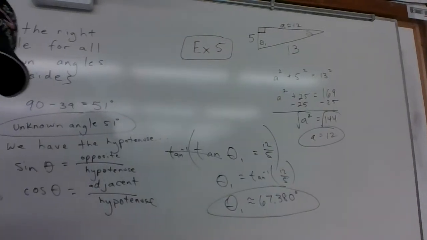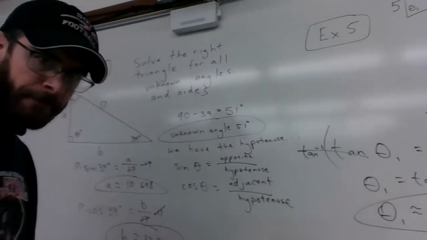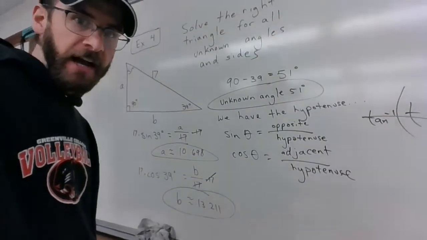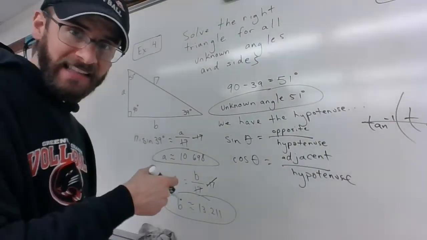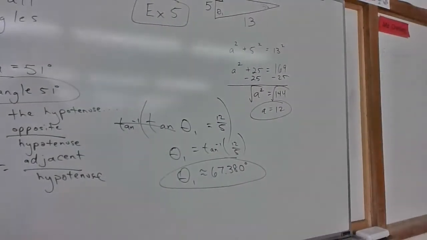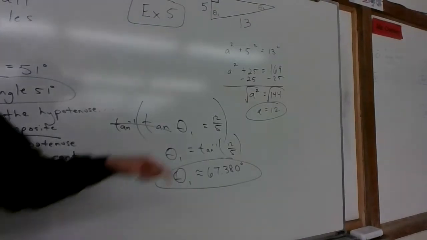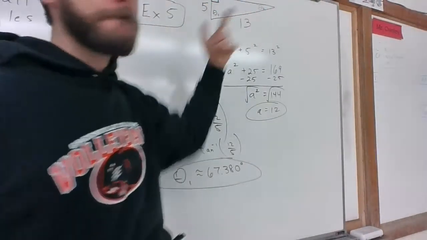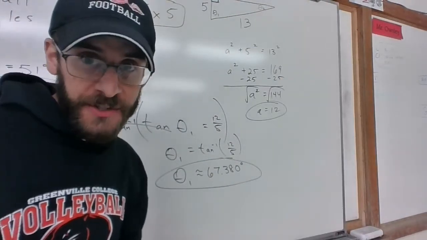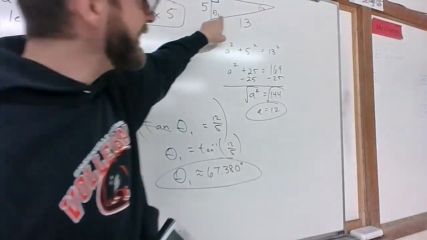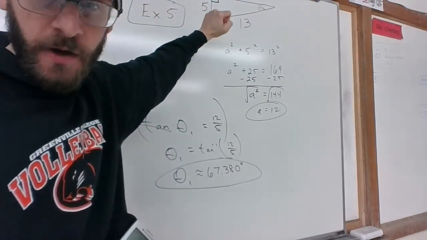Now, think about this. Over here I did 2 trig functions to find 2 different side lengths. Over here, once I find one of the unknown angles, now I've got 2 out of the 3 angles of a triangle. So all I have to do is say, these 2 have to add up to 90, because this one's 90 as well.